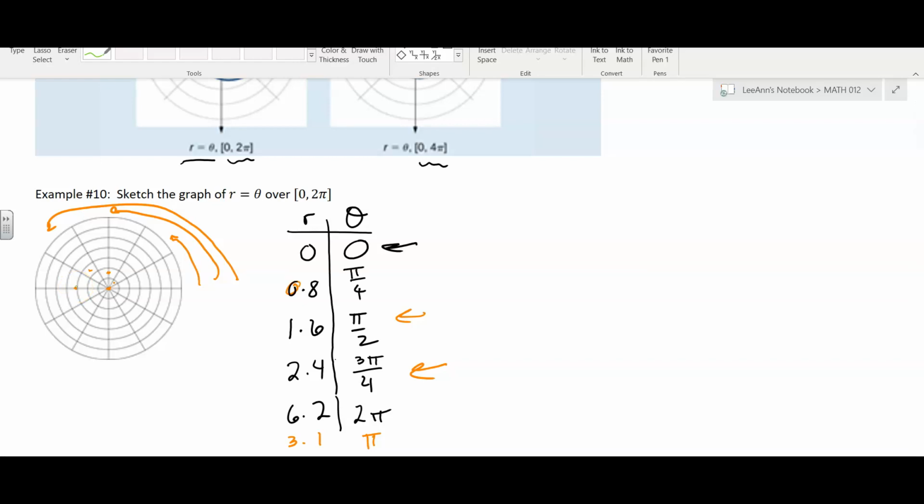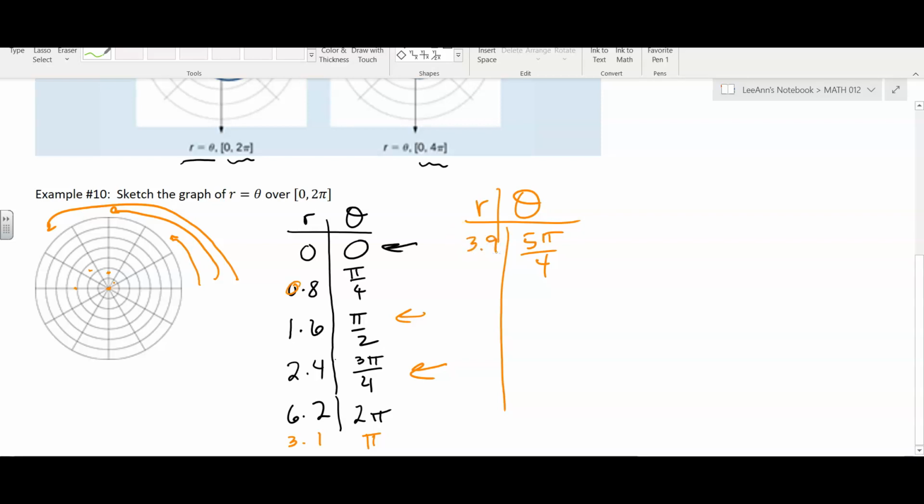What else did I leave out? I left out 5 pi over 4. So that would be more table of values here. 5 pi over 4, what's that? 5 pi divided by 4. It's almost 4, so 3.9.